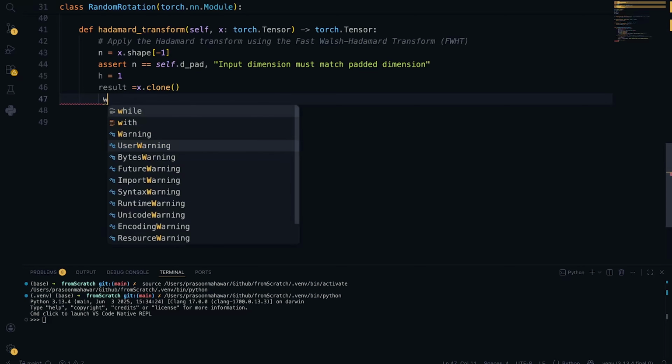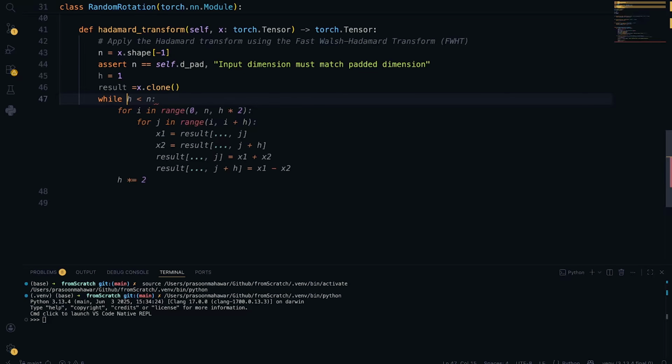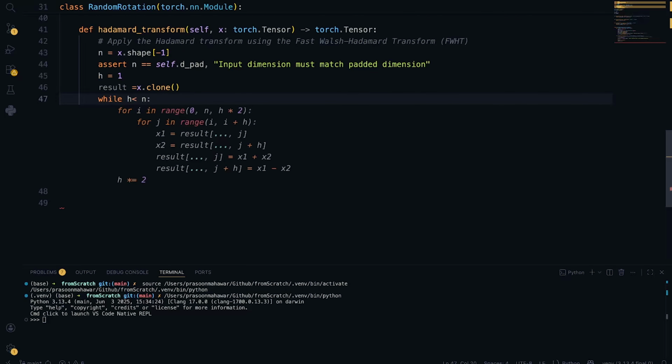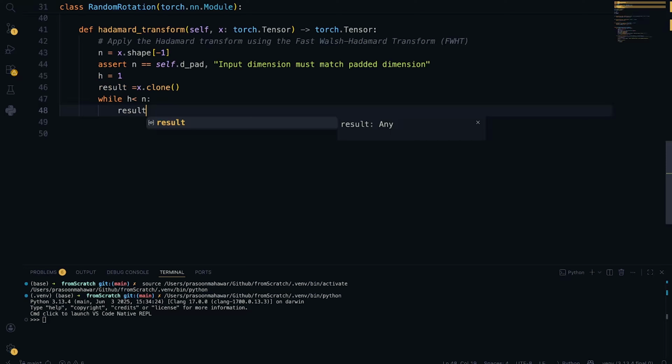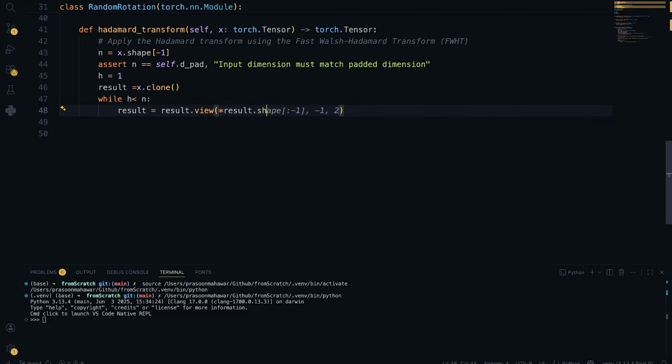So the loop will be while h is less than n, and result equals result.view of star result.shape of 1 comma 2 comma and star h, okay, yeah, this is correct.